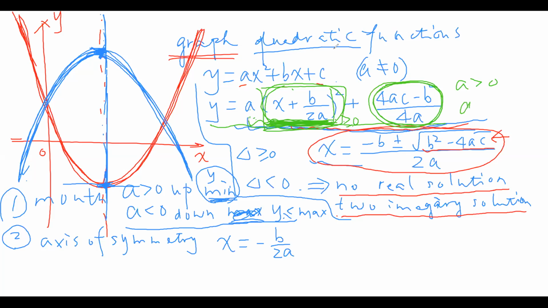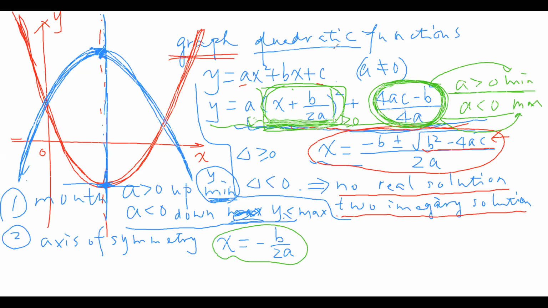When a is less than 0, the right part on my drawing becomes the maximum value. Most important, this minimum value is located exactly on the axis of symmetry.